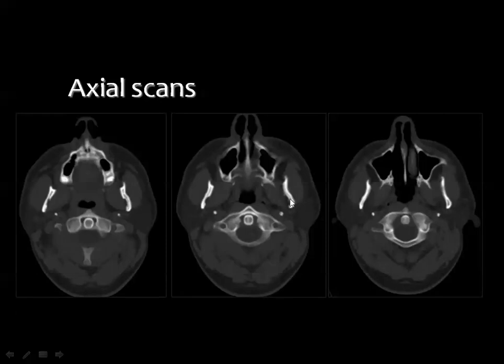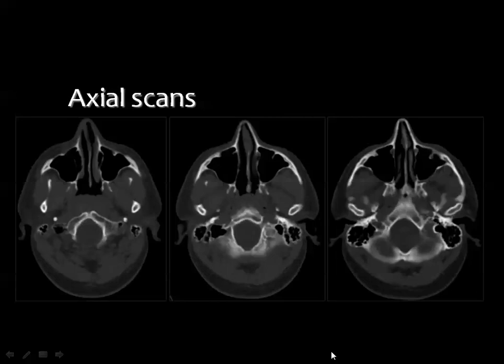Here you can see the maxillary sinus on both sides, and this is the bony nasal septum. More above, you can see better the maxillary antra and the bony nasal septum. This is the ramus of the mandible, and this is the styloid process, and here of course the cervical spine. Then in the more upward sections, you can see the maxillary sinuses, and these are the pterygoid blades.